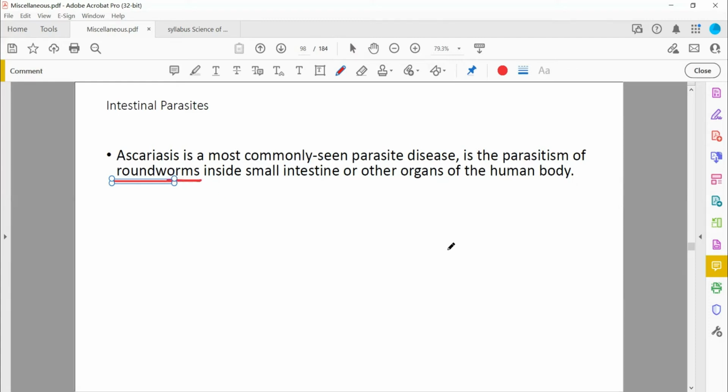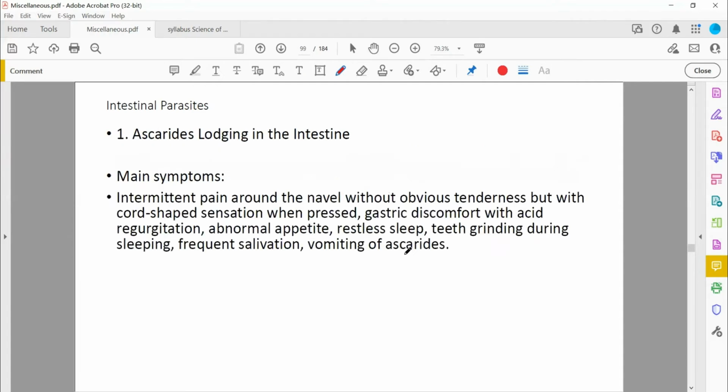Most of these are roundworms. Ascariasis lodging in the intestine.